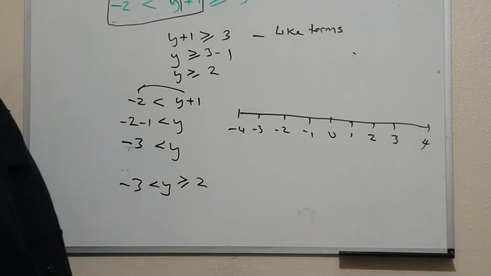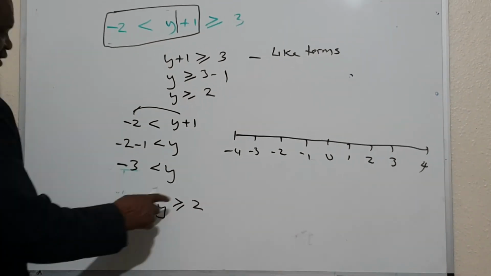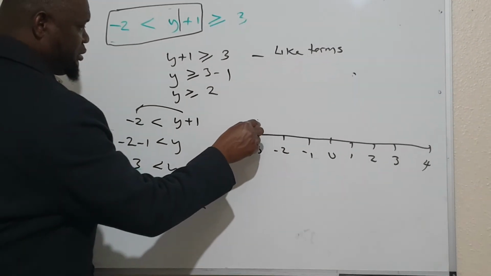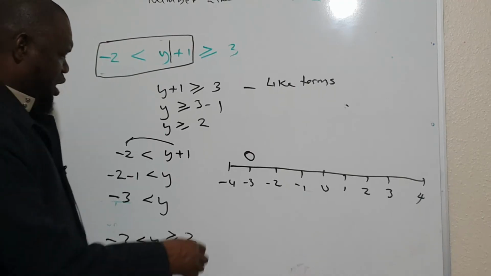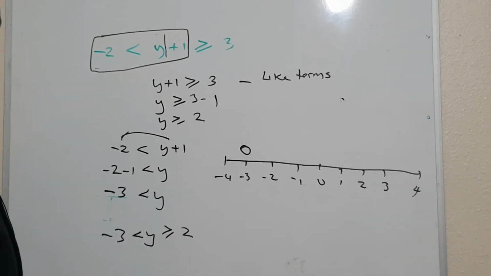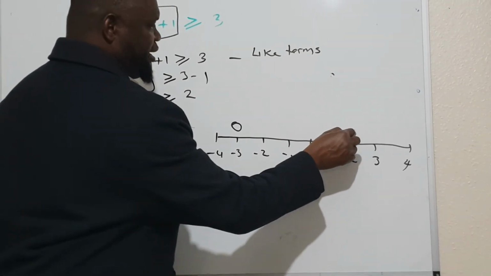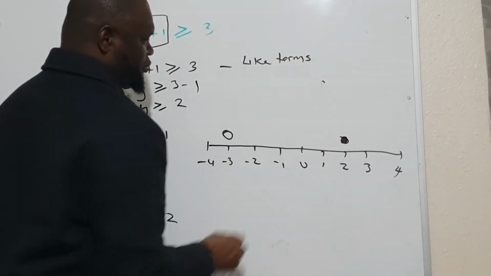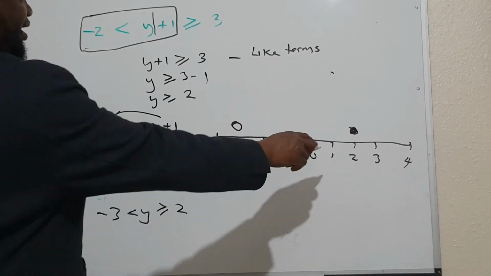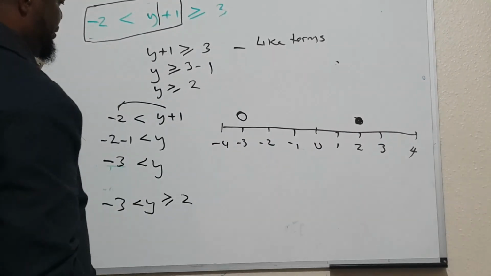Now, how do we depict this? Our minus 3 is an open circle. Okay? Let's look at our 2. It's less than or equal to, so it will be a closed circle. Okay? Which way did that point to? That way or that way?